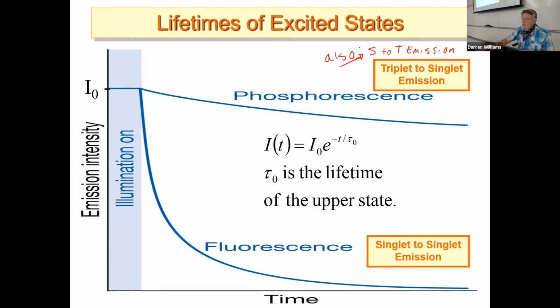So anytime there's an emission event that is also a spin flip of the electron, so it's going from singlet to triplet or triplet to singlet, then that's phosphorescence. And the reason this has a long lifetime is because that's forbidden.